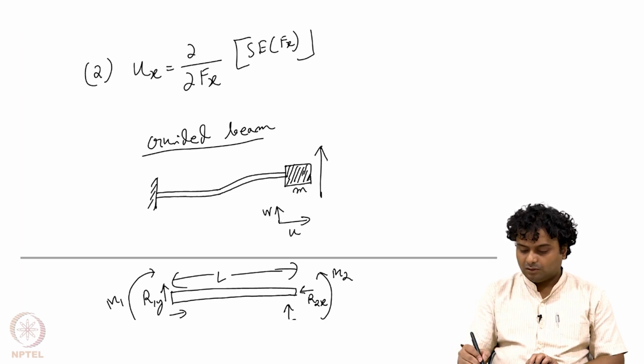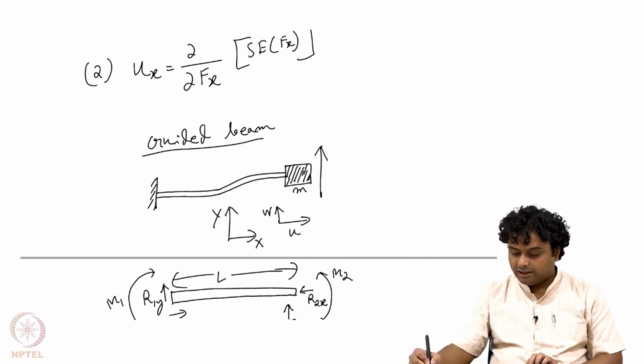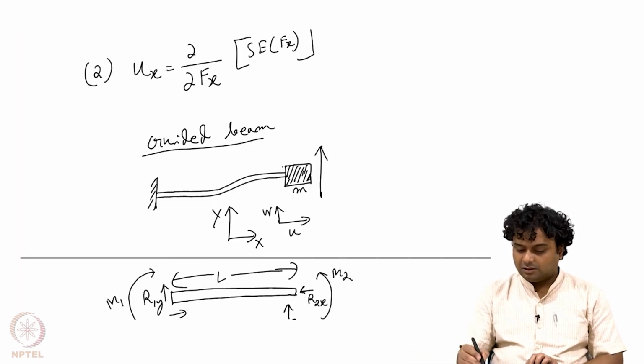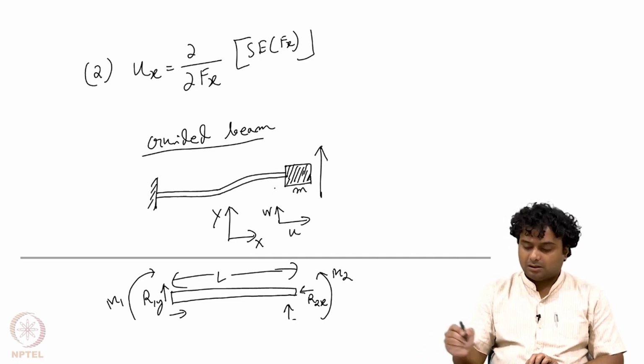So this is u and this is w, and this is my x and y. How are we getting that? u at x equal to L, which means this point here, and at this point we don't have any movement in the x direction. So at the tip of the cantilever, the x directional deflection is 0.